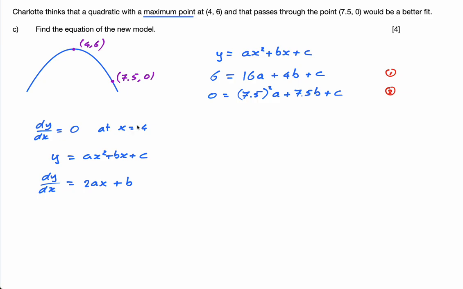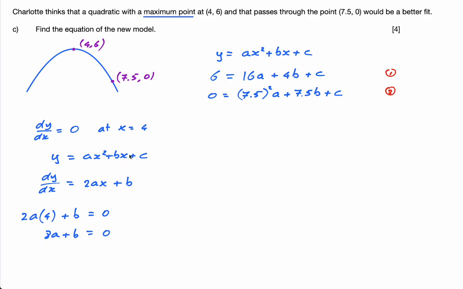And then at 4, this equals 0. So let me do it properly, guys: 2a times 4, because when x is 4, plus b has to equal 0. So 8a plus b equals 0.